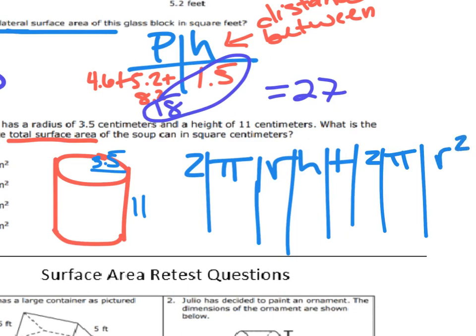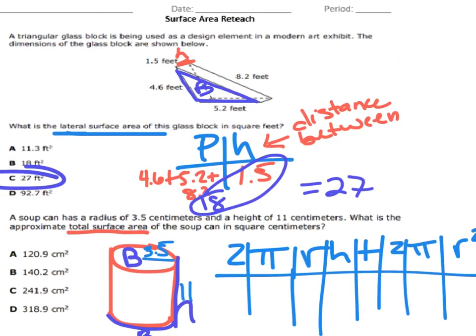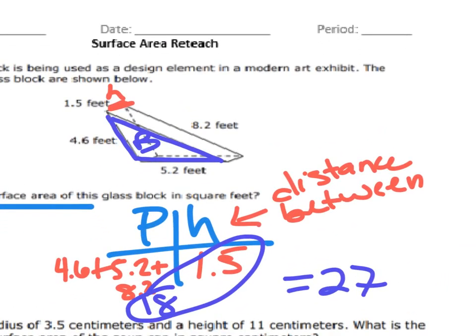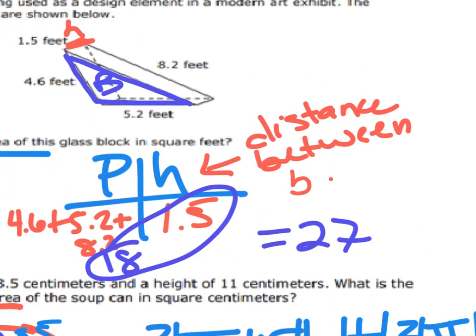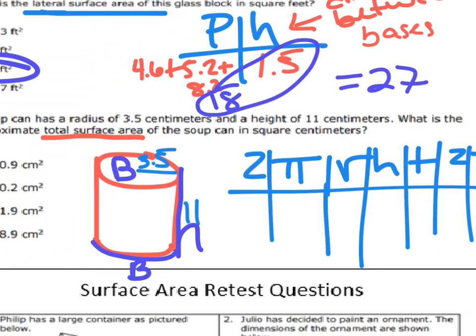Okay, so now we're going to go ahead and plug in our numbers. So I need to identify my bases first, capital B. This down here is the other base. The distance between them is H, just like before. So here I have one base, here's the other. This distance between them is H, my height.